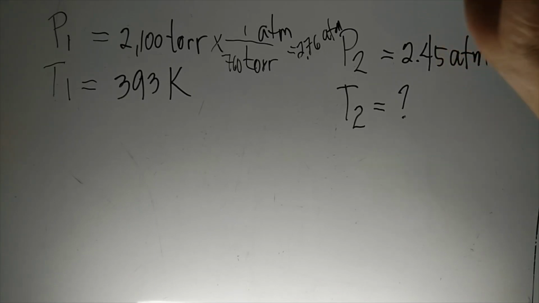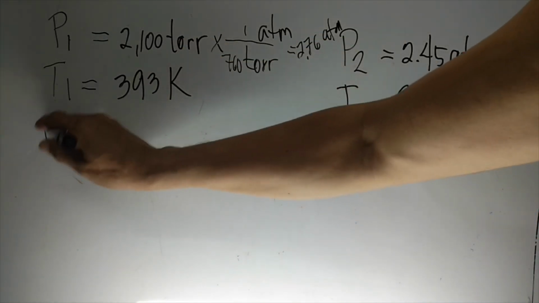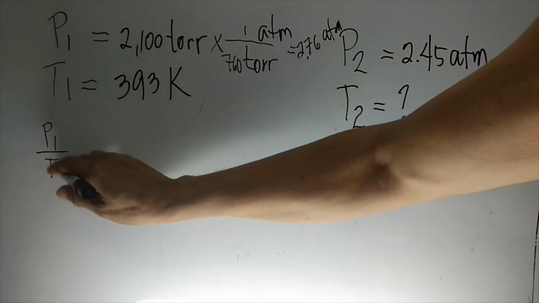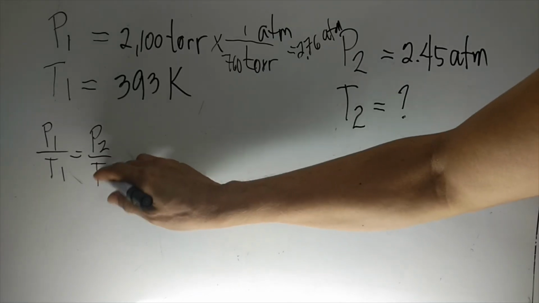So we'll now proceed. We'll write the formula for Gay-Lussac's Law: P1 over T1 is equal to P2 over T2.